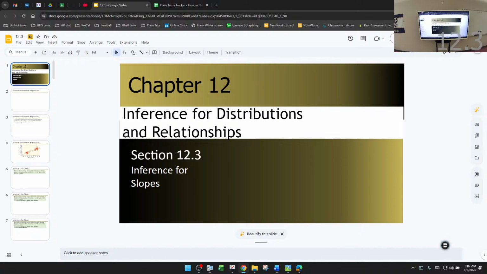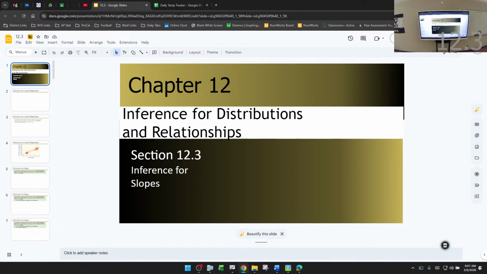It says the AP exam will cover anywhere from 5 to 7%. So 5 to 7% of the AP exam comes from chapter 3. This is 12.3 all by itself. This is 12.1 and 2. This is chapters 10 and 11, and this is chapters 8 and 9.